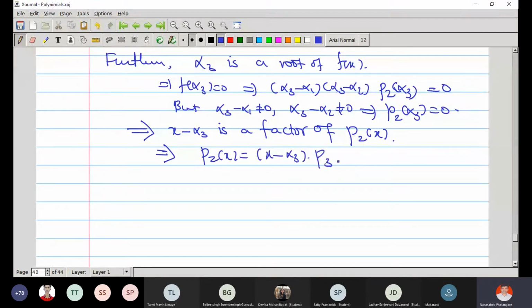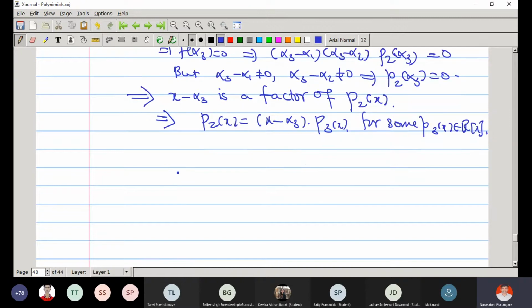Whatever I have written is correct. x minus alpha 3 is a factor of p2(x). Therefore, p2(x) is (x minus alpha 3) into some other polynomial p3(x). Therefore, f(x) is (x minus alpha 1)(x minus alpha 2)(x minus alpha 3) into p3(x).